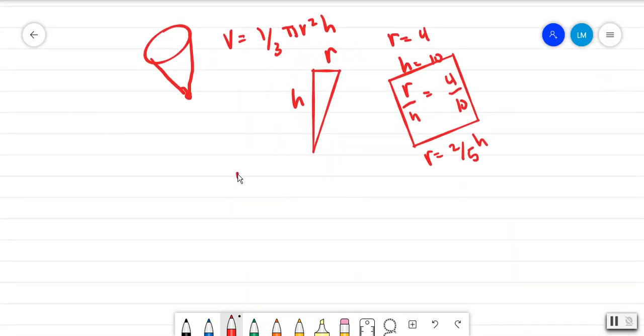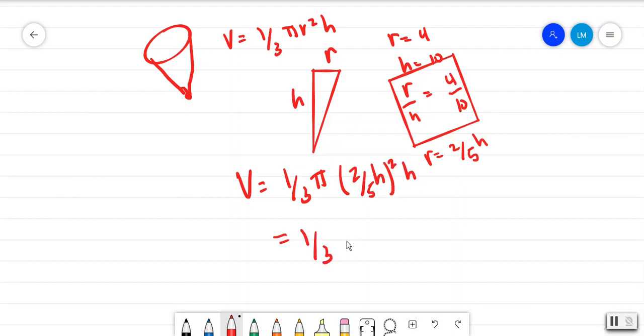That would give me that the volume is 1/3 pi multiplied by 2/5 h squared multiplied by h, and this would be 1/3 pi 4 over 25 and then h cubed. So now I have that that's 4 over 75 pi, and then h cubed.